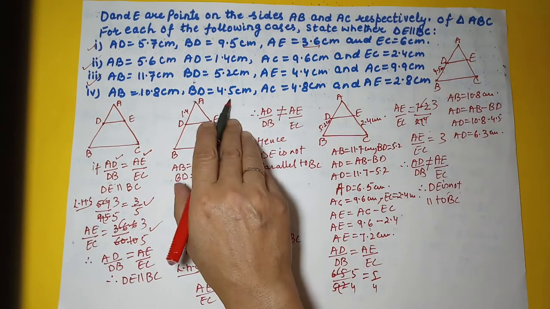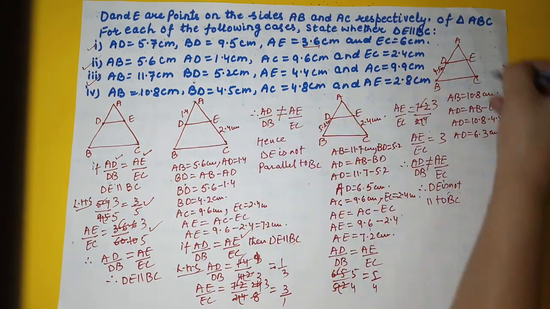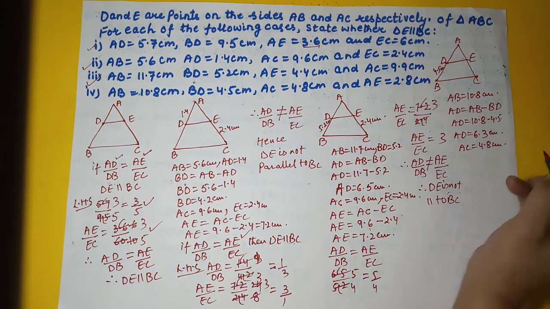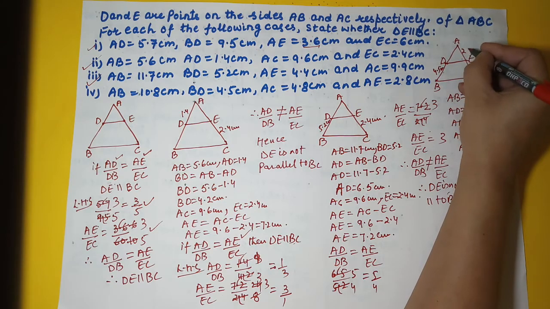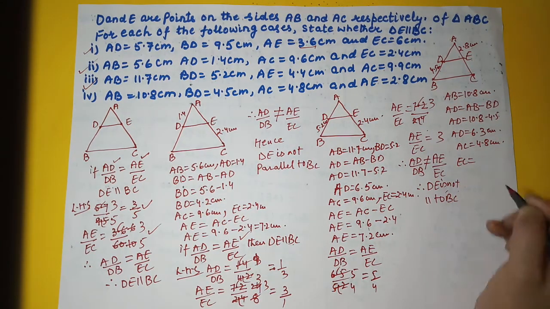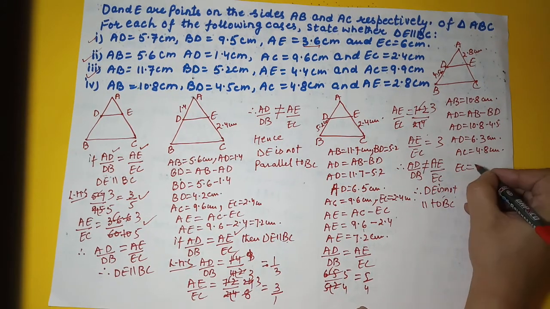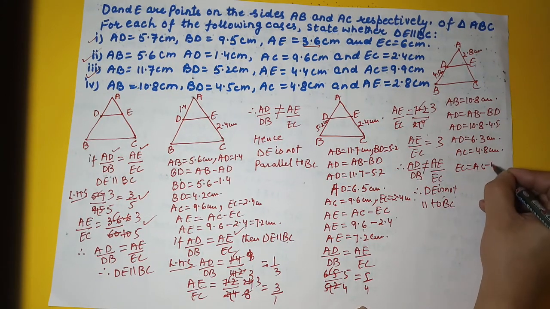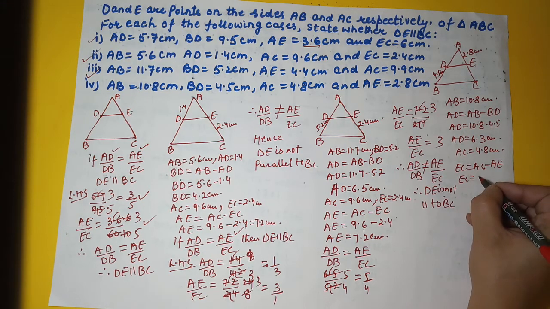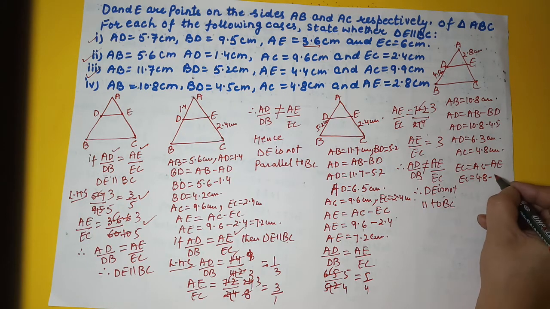Right? So AC is given 4.8 centimeters and AE is given 2.8 centimeters. So I can calculate EC. How? AC minus AE. So EC will be, AC is 4.8 and AE is 2.8.